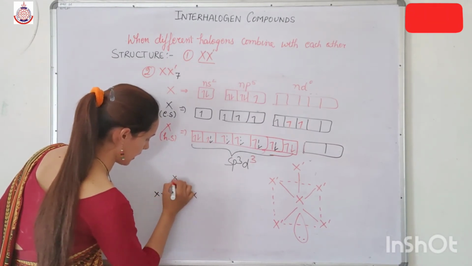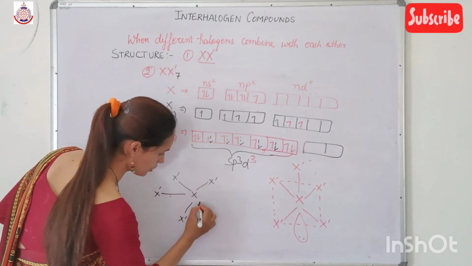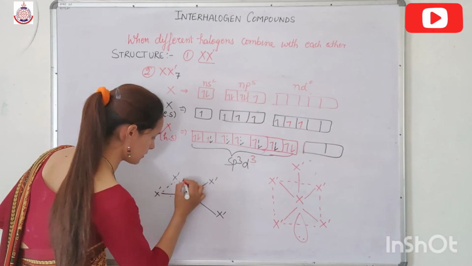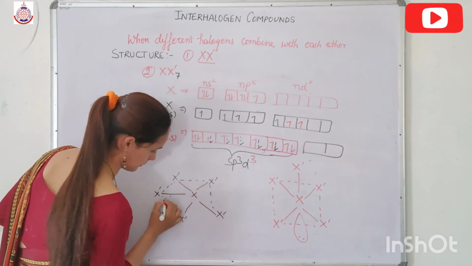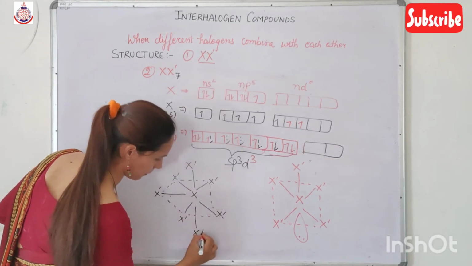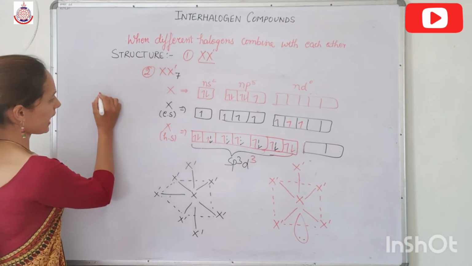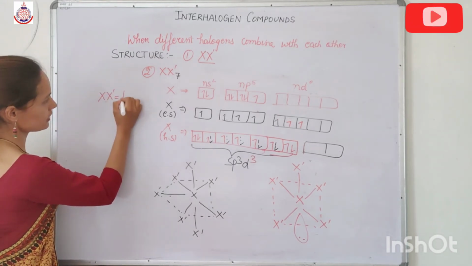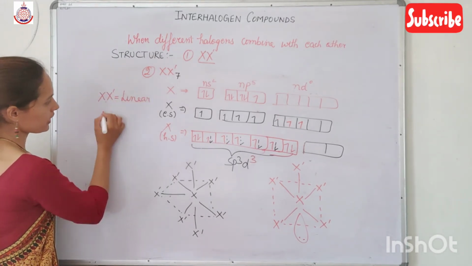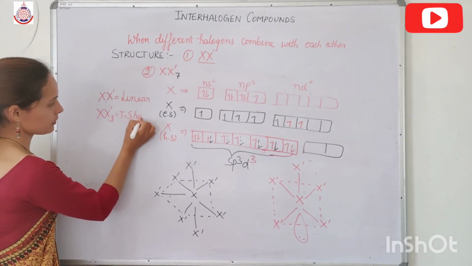X, X dash, X dash, X dash, X dash. Here is the pentagon and bipyramidal. So in this way, if we have XX dash, the structure is linear. If we have XX dash 3, the structure is T-shaped.